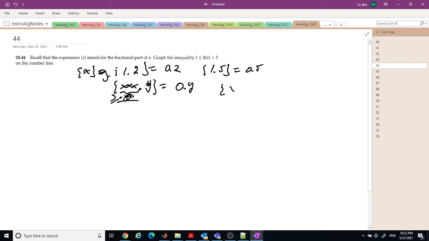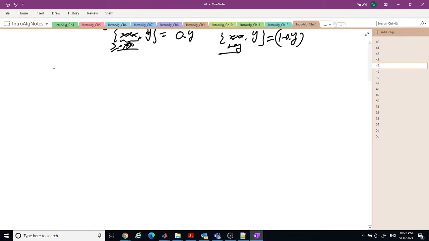If it is negative, then this one is equal to 1 minus 0.y. So now let's draw it.